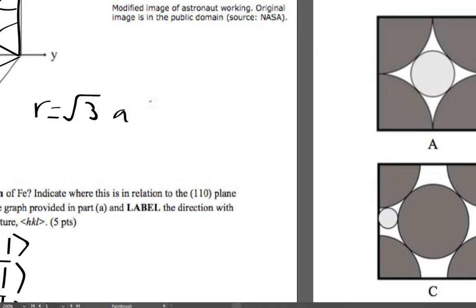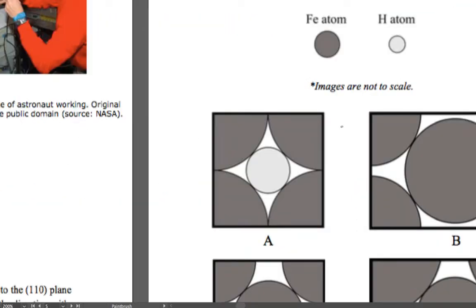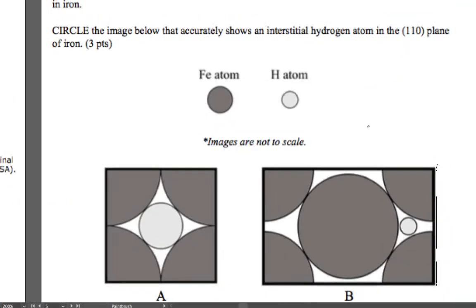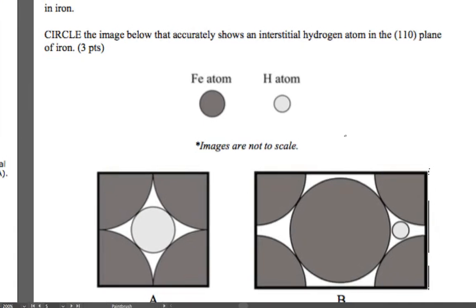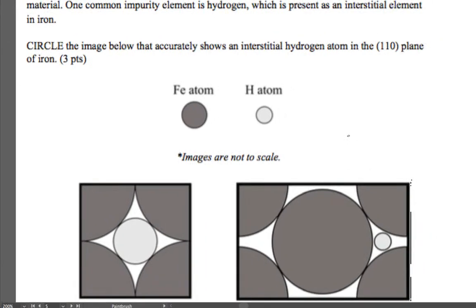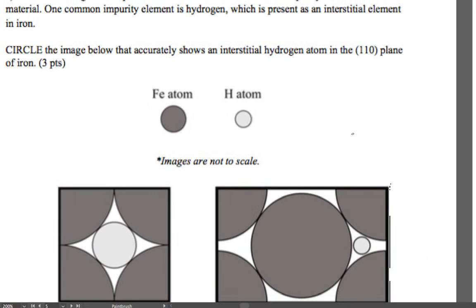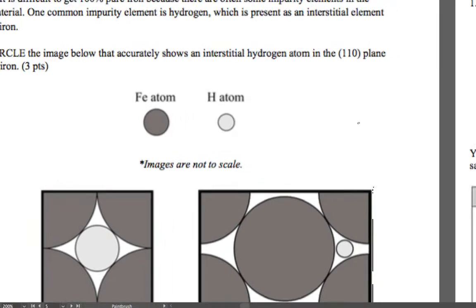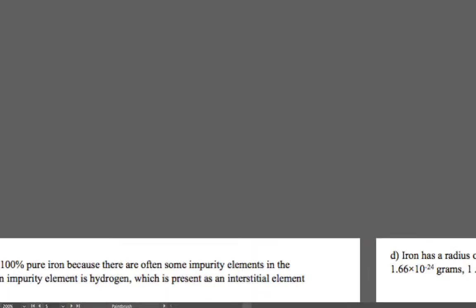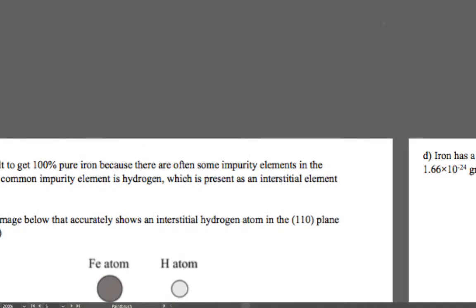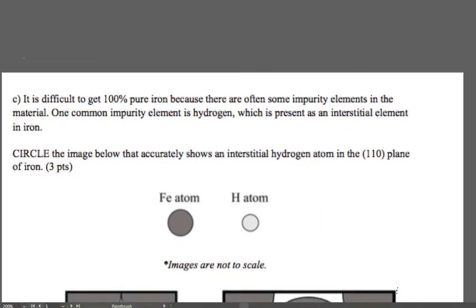Part C, there we go. Okay, C. It is difficult to get 100% pure iron because there are often some impurity elements in the materials.